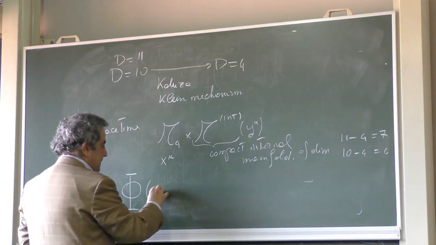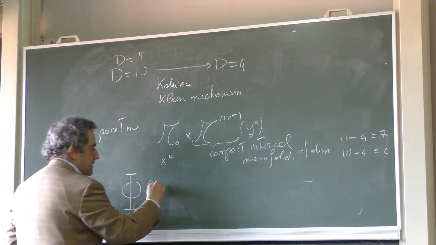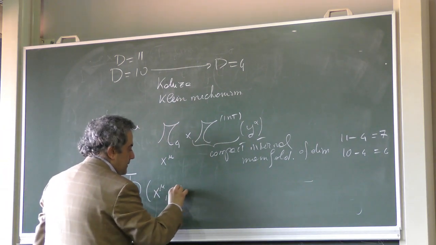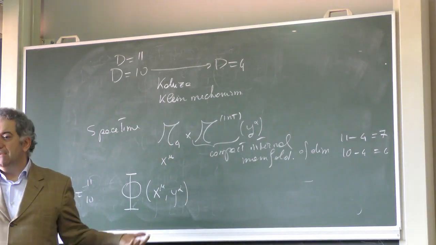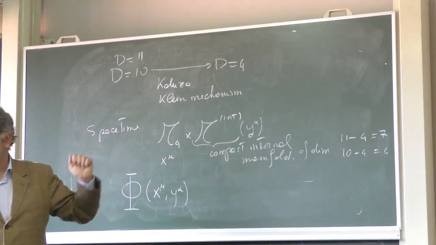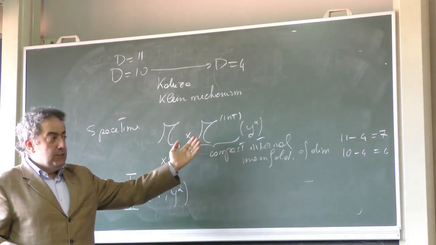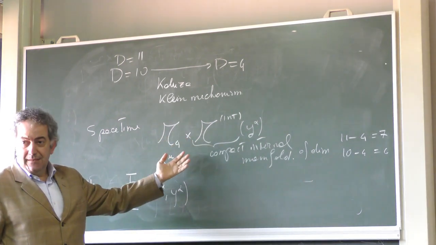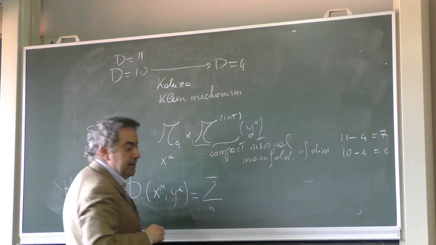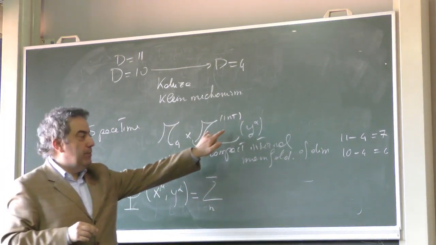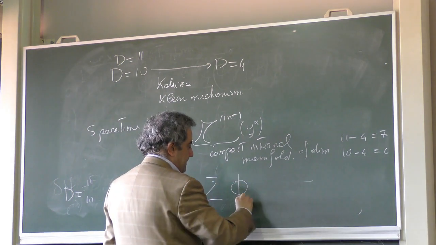Now, a generic field in d equal 11 or 10 will be a function of both coordinates because it propagates over the whole 10 or 11 dimensions of space. However, space-time has this form here, so we can expand this in harmonics with respect to the compact manifold. So we expand this like this.